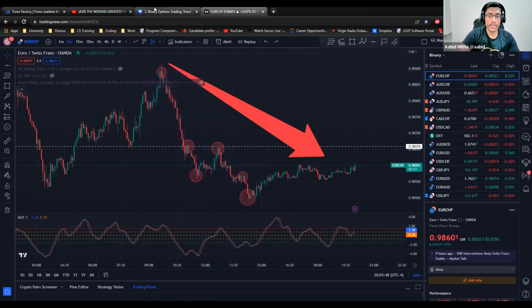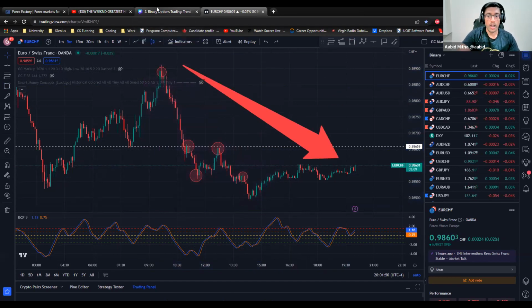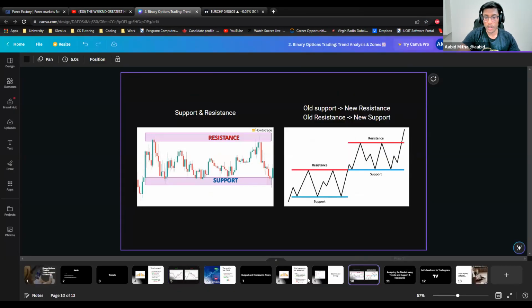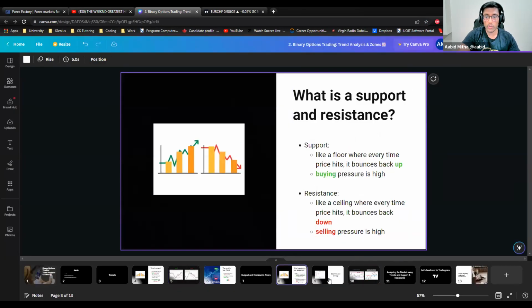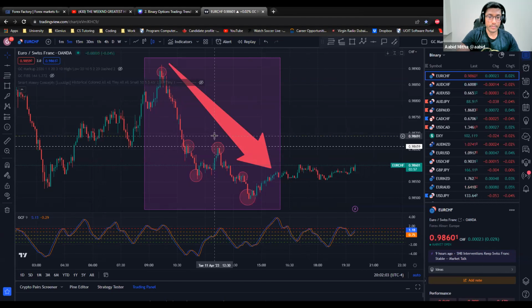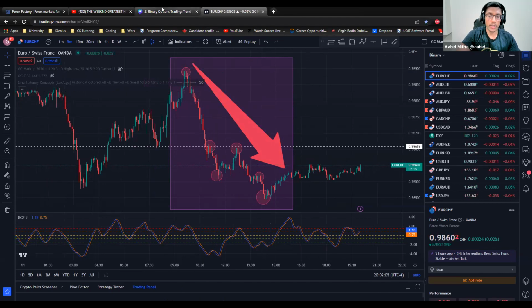And what we said is on a downtrend, we want to look for sells. So that is the first part that we talked about. We looked at the trend. We agreed that we're on a downtrend, hence we'll be looking for sells.